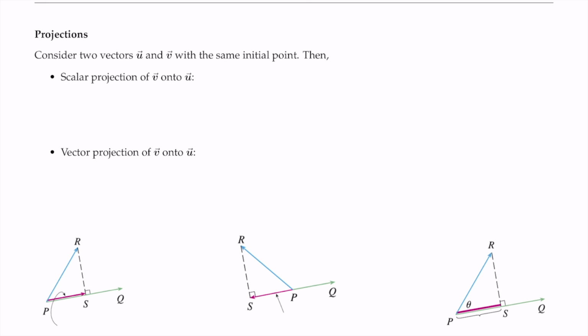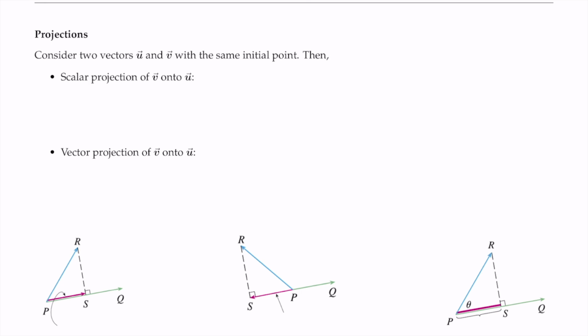Then you have two formulas. One is the scalar projection of v onto u and the other is the vector projection of v onto u. What I'm going to do is write down the formula first, and then show you where the formula actually comes from.